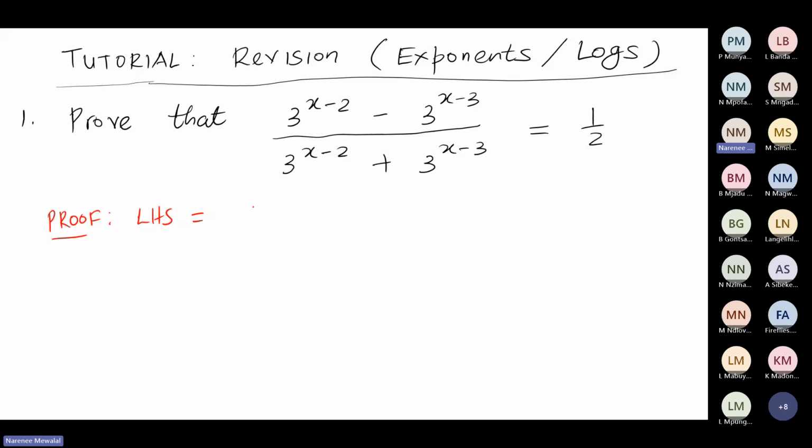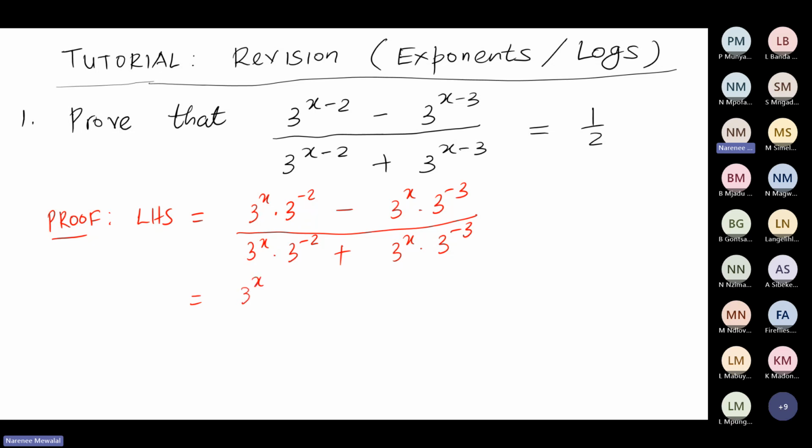So you're going to get 3 to the x times 3 to the negative 2 minus 3 to the x times 3 to the minus 3, over 3 to the x times 3 to the minus 2 plus 3 to the x times 3 to the minus 3. And then you find that you have 3 to the x as a common factor at the top, and 3 to the x as a common factor at the bottom.